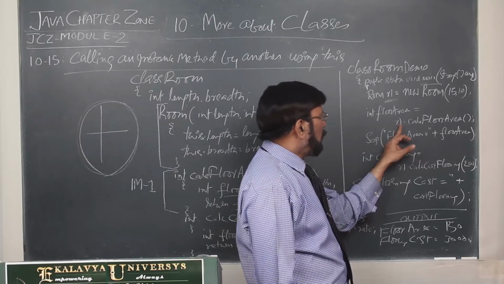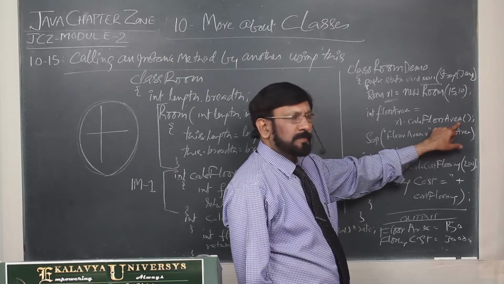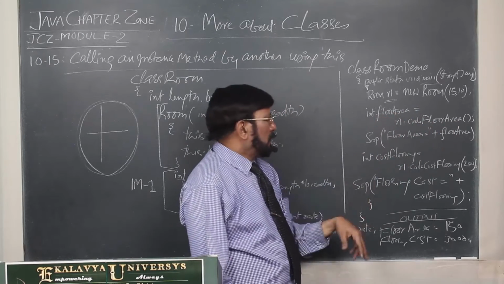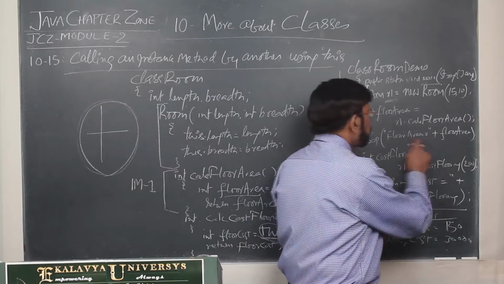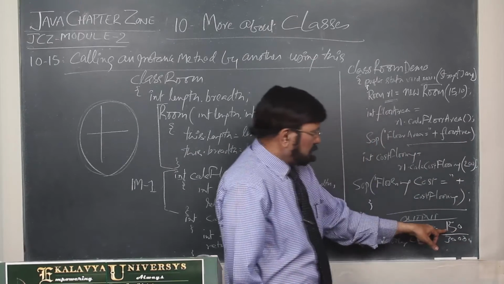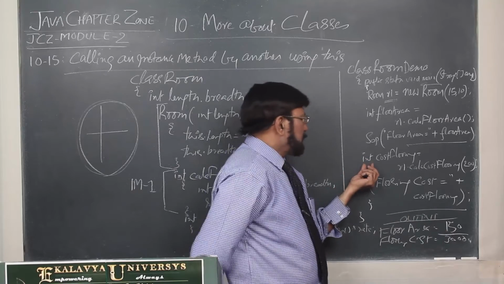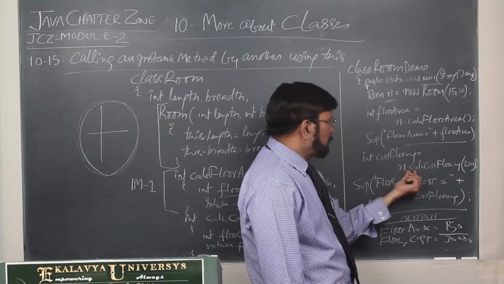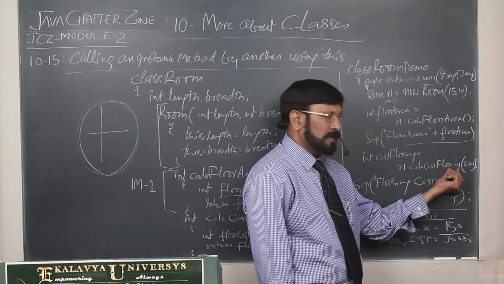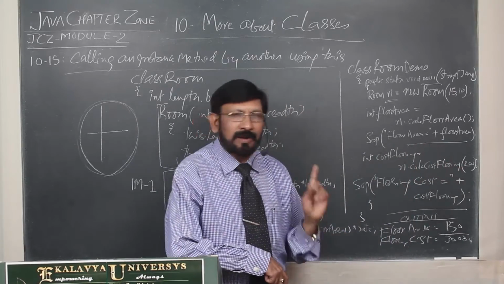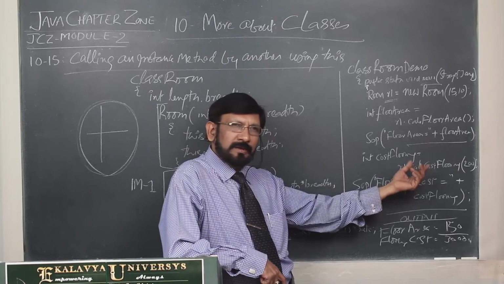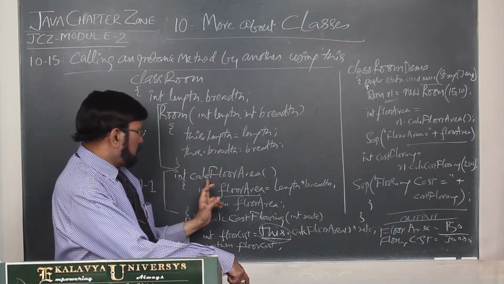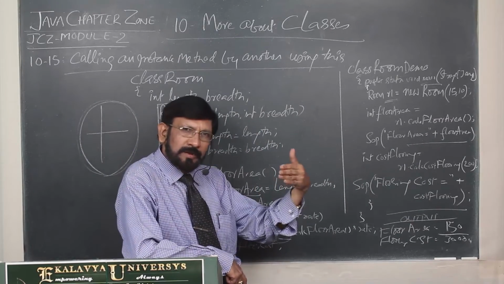And now R1.calculateFloorArea we are calling, and then it initializes floor area. Thereafter we are writing that, and as a result, this is printed. Thereafter, int costFlooring, cost of flooring we are calculating. For that purpose, R1.calculateCostOfFlooring. Here what we have to pass? Already this method gets the input by calling calculateFloorArea. It is able to get floor area.